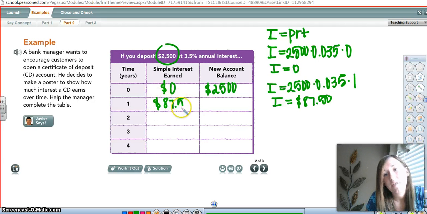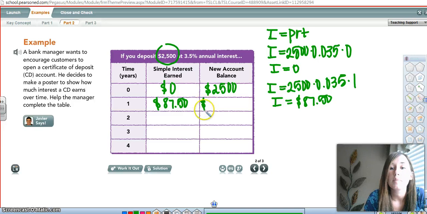So after 1 year, we would earn 87.50. We could add that to our principal and see that we would have 2,587.50 as our balance now.